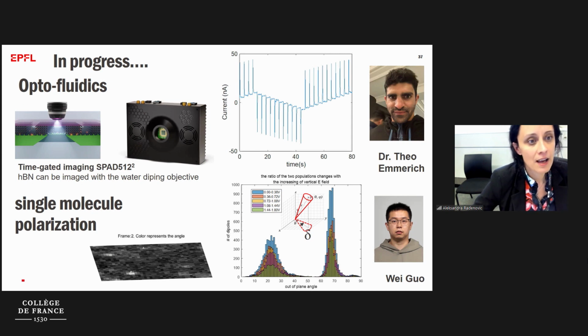So we can measure both the characteristics of the nanofluidic system optically and also using standard techniques. We are also moving to get results with single molecule polarization, where we would study likely the orientation of this organic molecule that interacts with the defects.